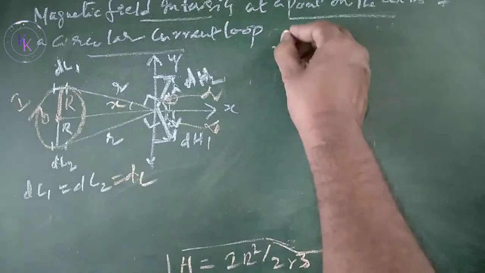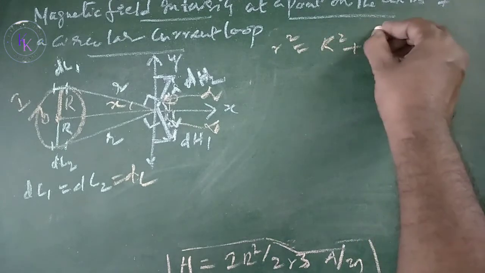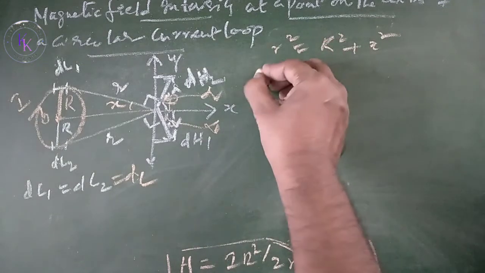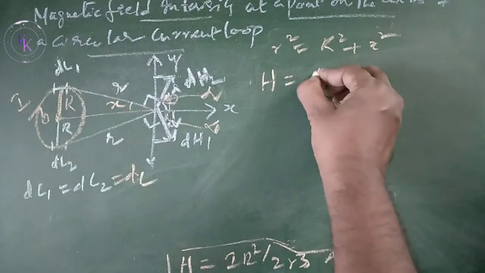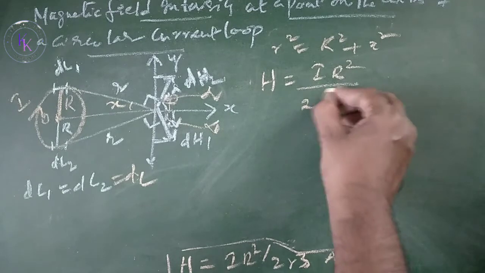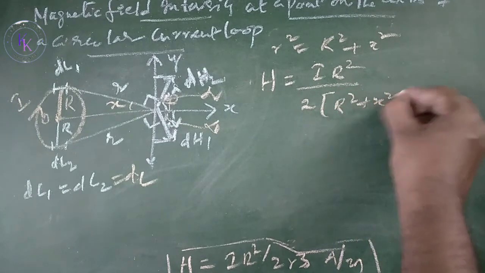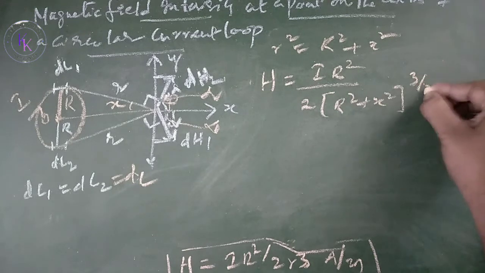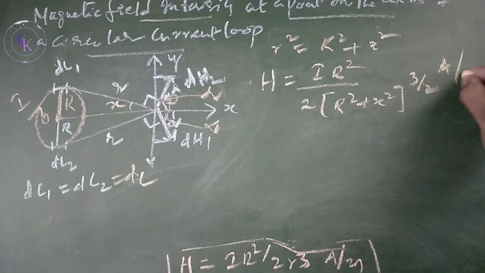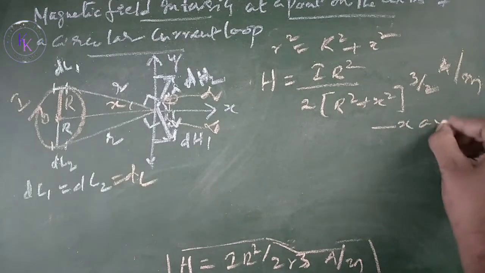Now from the figure, r square equals capital R square plus x square. This formula will become H equals I R square divided by 2 times R square plus x square to the power 3 by 2 amperes per meter, acting along the x-axis.